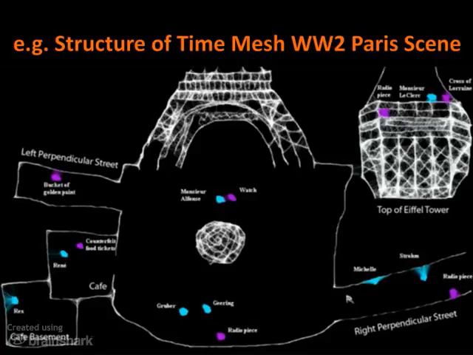For example, here you can see the structure for the Time Mesh game, World War II scenario, Paris scene, how the different game areas are located and connected with each other, and how the characters are located in the game area.